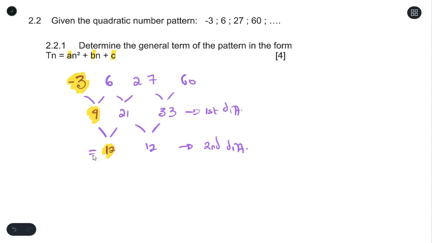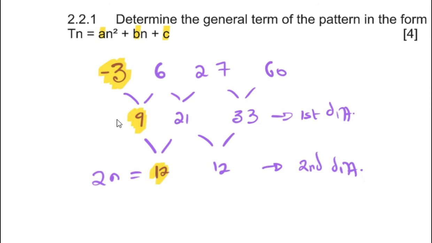For the bottom, the formula we equate to the second difference is 2a. The formula for this is 3a plus b, and the formula for this is a plus b plus c. Now we start from the bottom, get our value for a, substitute into the second, get our value for b, then substitute into the third to get our value for c. So let's do that real quick.